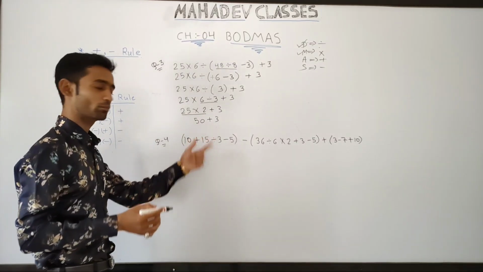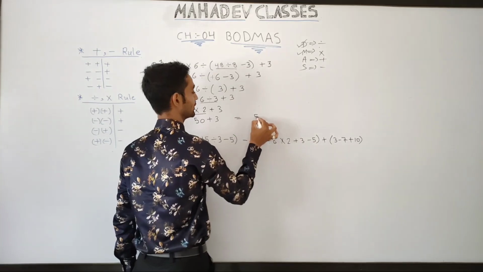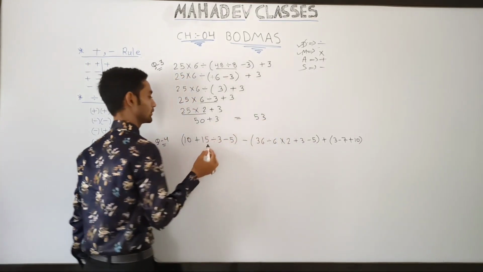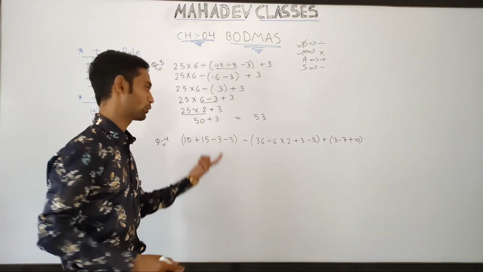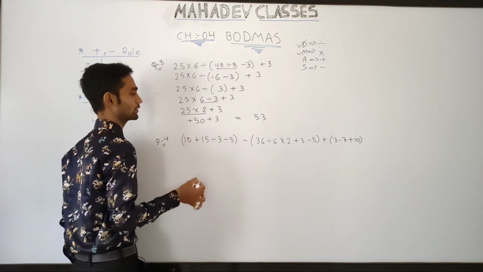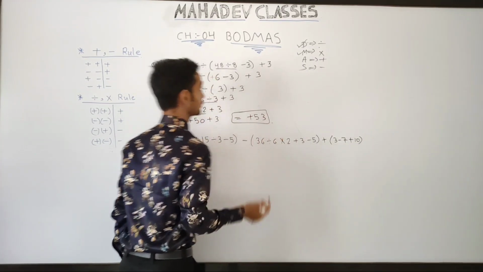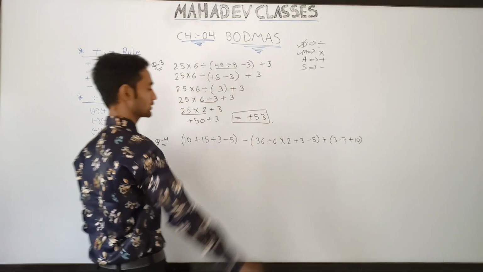Both are having the equal symbol, then you have to do the process of addition. 50 plus 3, you will get 53, and in our resulting answer we will put the symbol of the bigger number. 50 is the bigger number and 50 is having a plus sign, so in our resulting answer we will also put a plus symbol. So this was the answer of our given board mass question.